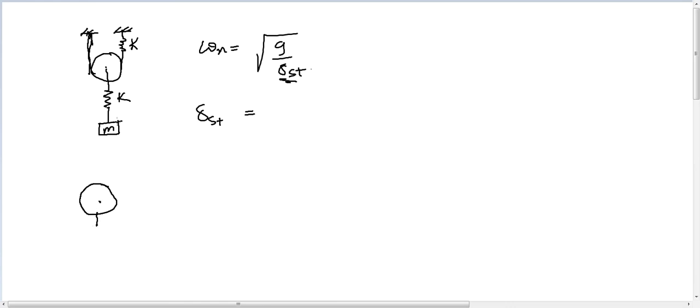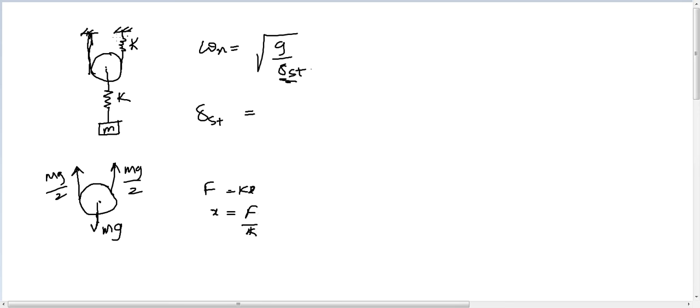Since m is attached here, it will act with a force mg, and these two forces must each be equal to mg by 2. The deflection in this spring, since f is equal to kx, gives x equal to f by k.